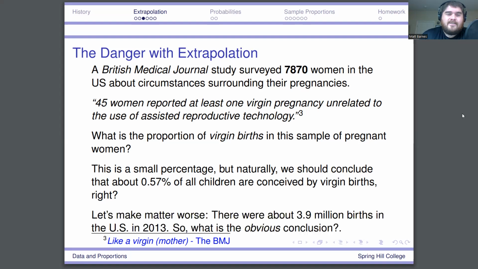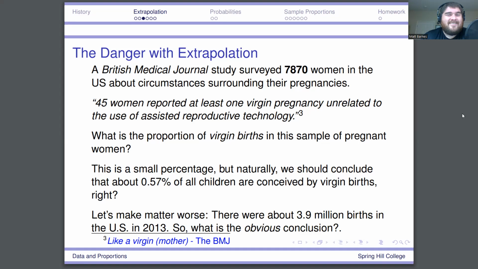So if we take that number, that 0.5%, that feels small, but there were 3.9 million births in the US in 2013. So if we look at 0.5% of all of those, we would do 0.57 times 3.9 million.